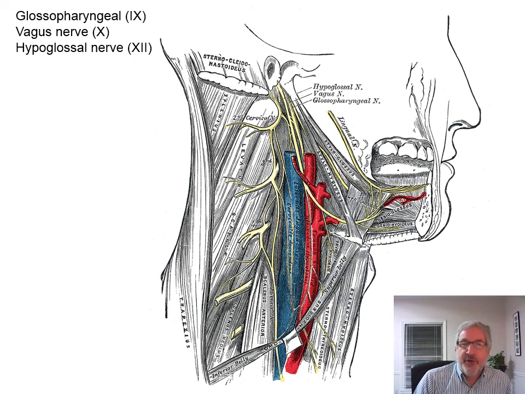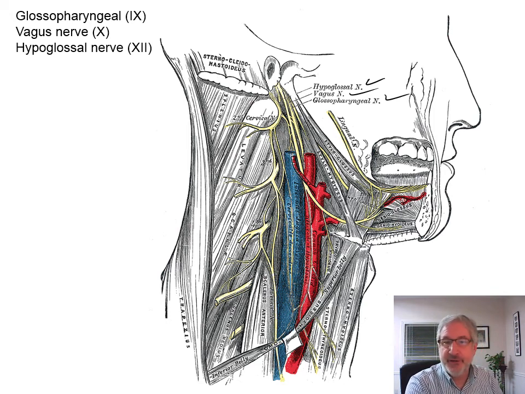Here are the glossopharyngeal, vagus, and hypoglossal nerves. I've got some cadavers, diagrams or pictures of those coming up, but I want to show you these before we get to those. So here's your hypoglossal nerve, and your vagus nerve, and your glossopharyngeal nerve, right next to each other coming down. The vagus nerve is the middle one there, heading on down.